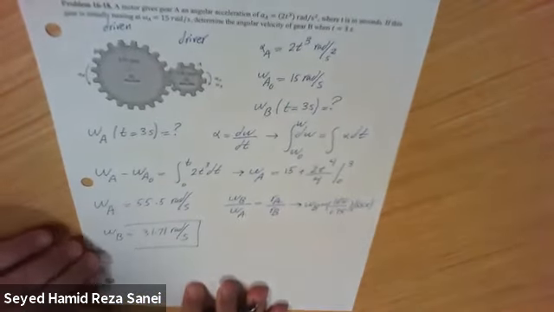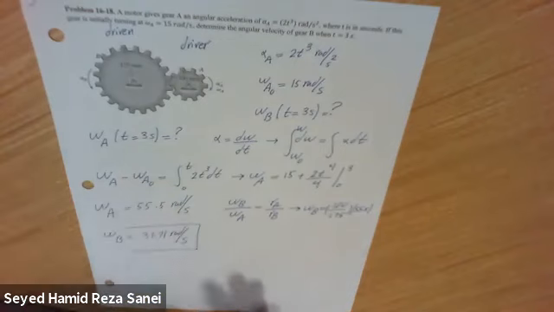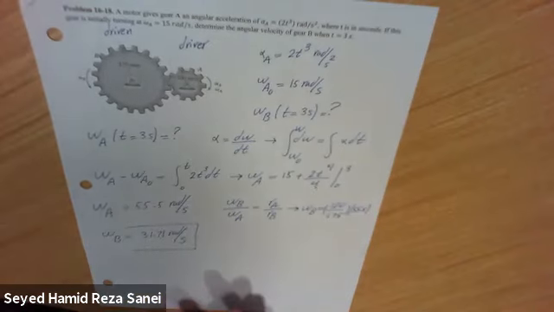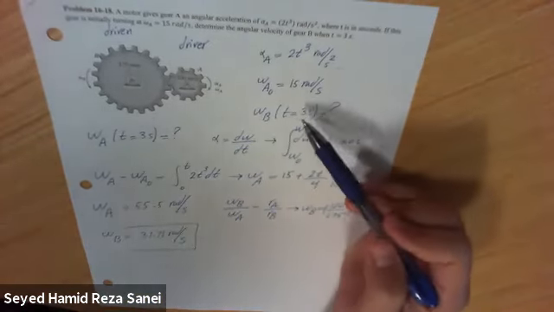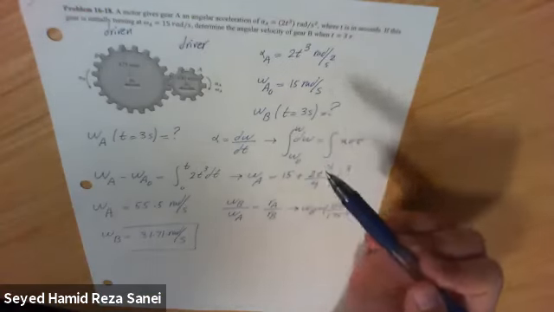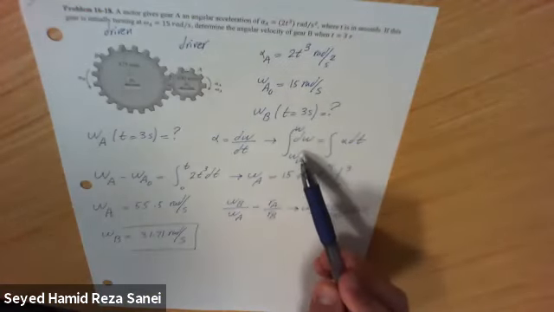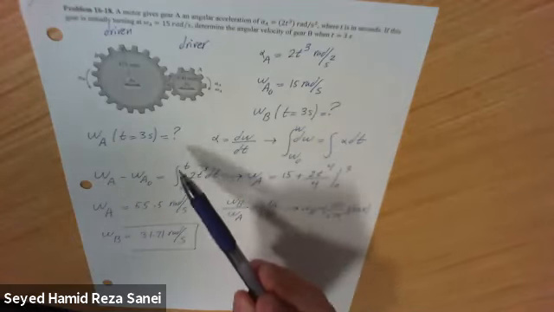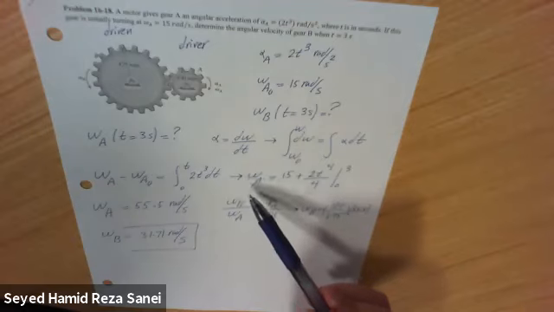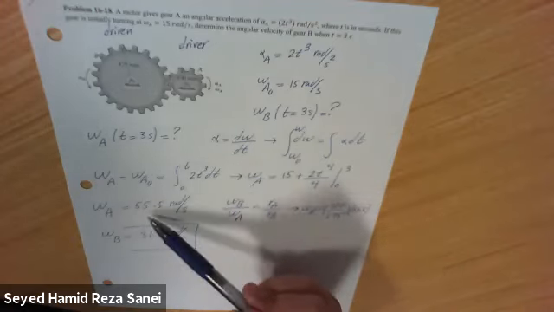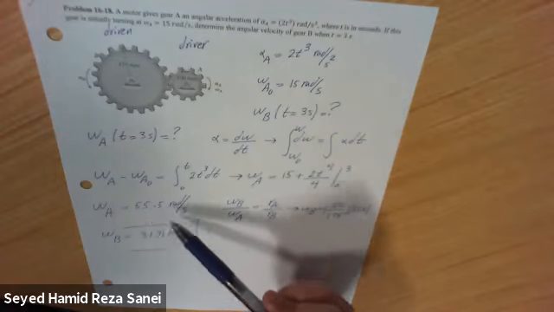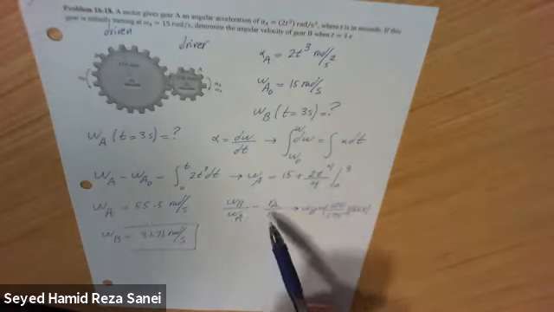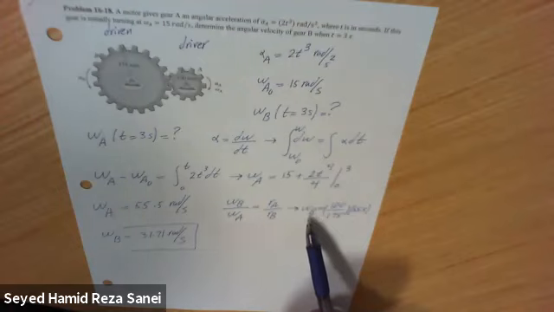So here, it was the same as other gear problems where you have information about one gear and you want it for the other gear. Whether you take this derivative for gear A or B really doesn't matter. I just stayed with gear A and found the angular velocity for gear A. And then once I found the angular velocity, I used the gear ratio to find the angular velocity for the other gear.